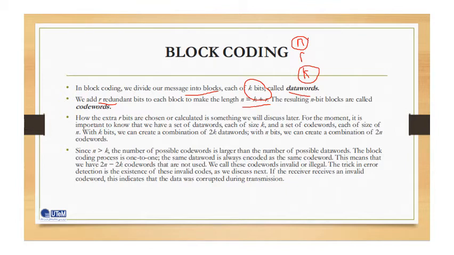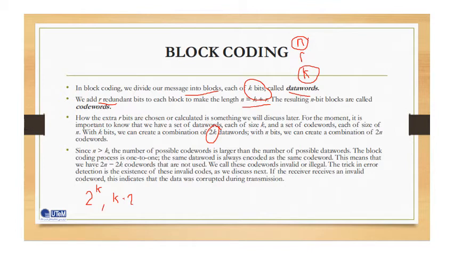So with k bits, we can create a combination of 2 to the power of k, and it's not 2k, it is 2 to the power of k, with a small k up here. So let's say k equal to 2, then 2 to the power of k equal to 4.